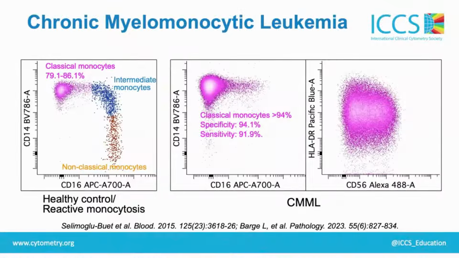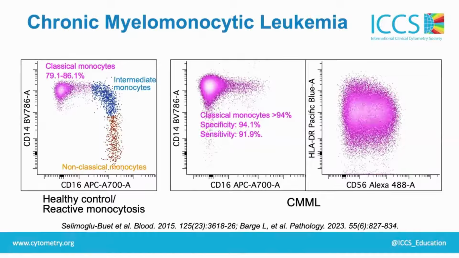In cases of reactive monocytosis and in healthy controls, the percentage of classical monocytes ranges from 79 to 86%. In chronic myelomonocytic leukemia, the percentage of classical monocytes was markedly higher, reaching 96%. Using a cutoff value of 94%, the specificity value was 94% and the sensitivity close to 92%.